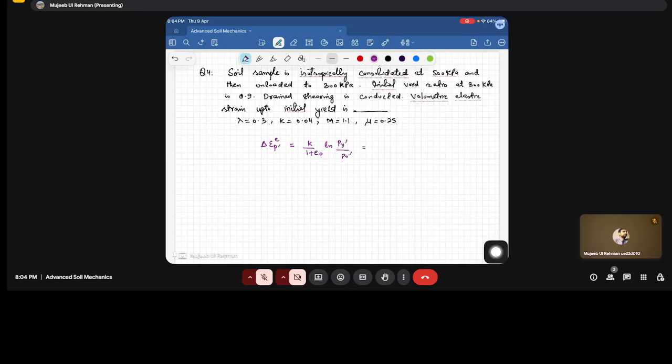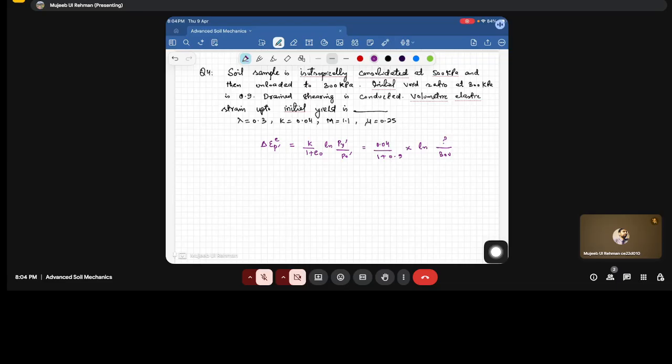So kappa is 0.04 divided by 1 plus e naught, which is 0.9, into ln of Py dash, which is missing, and this P naught dash is 300. So we need to find the P dash y, which is the yield point.